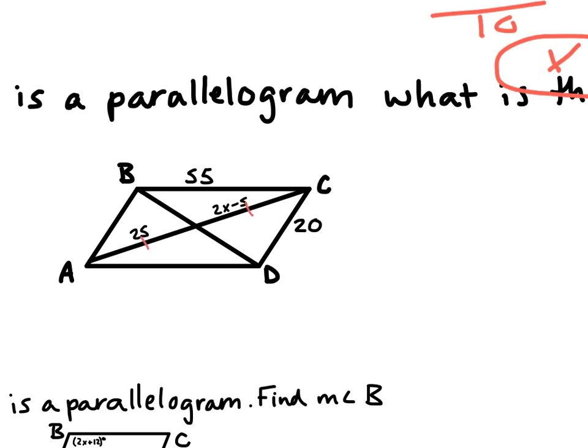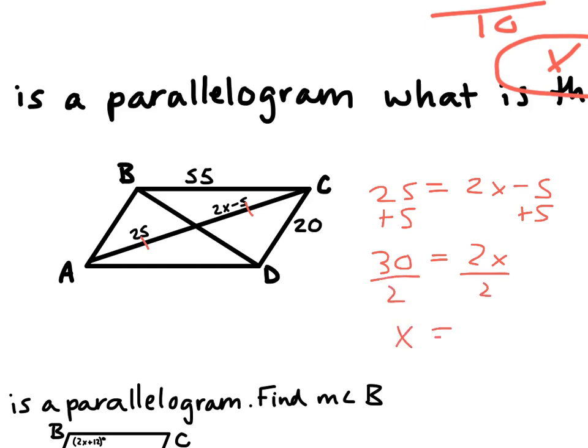So 25 is equal to 2x minus 5. And then we just solve for x. What do you guys get for x? 15. Perfect.